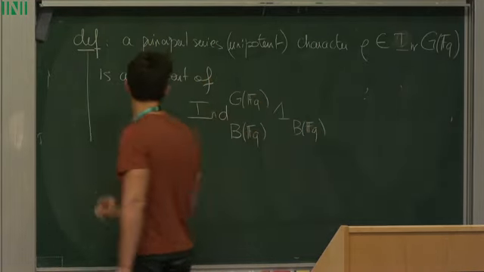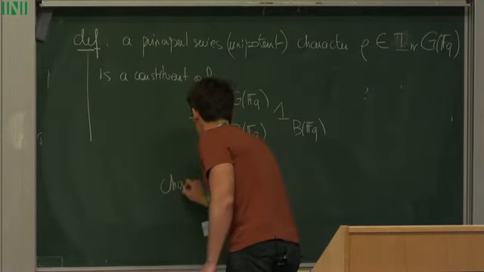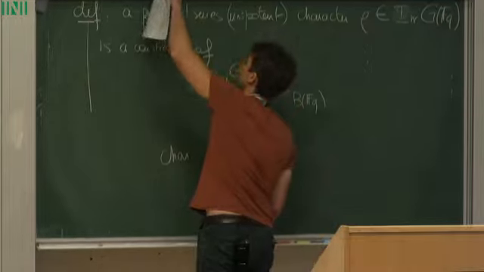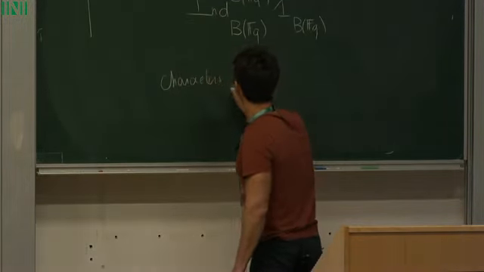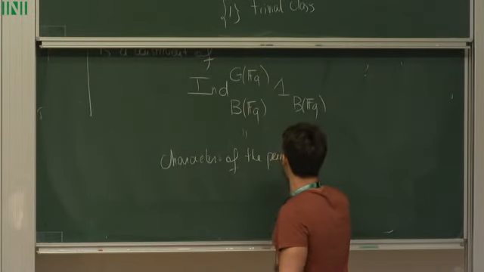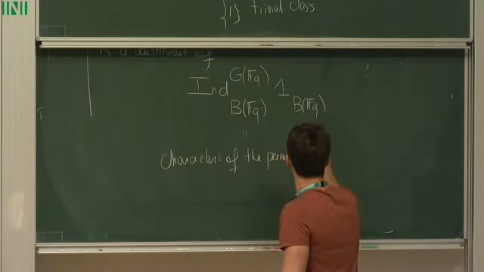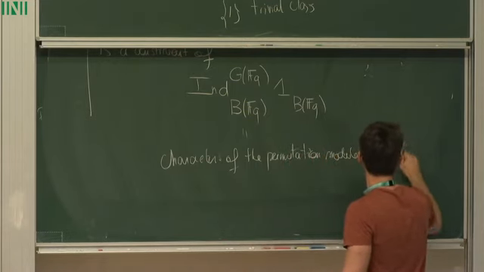If you prefer, this is just the character of the permutation module G/B.